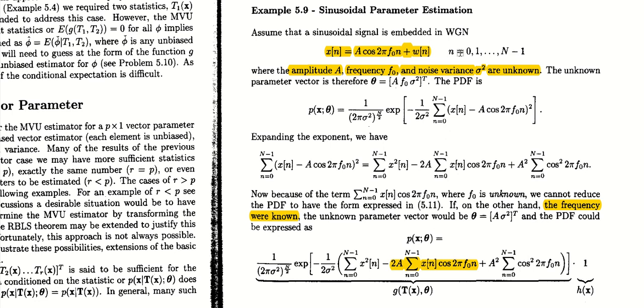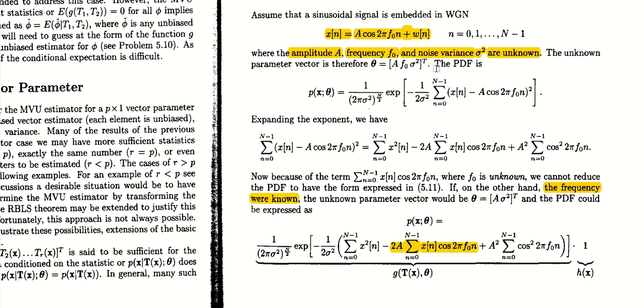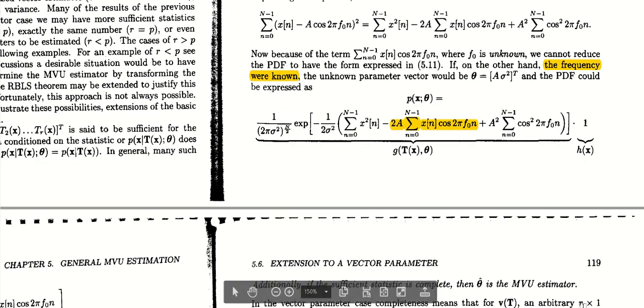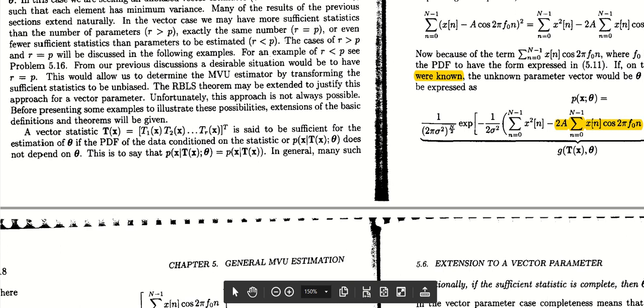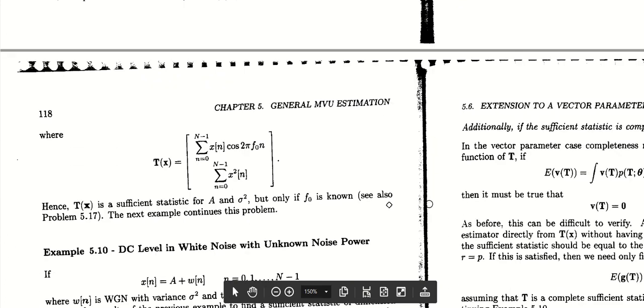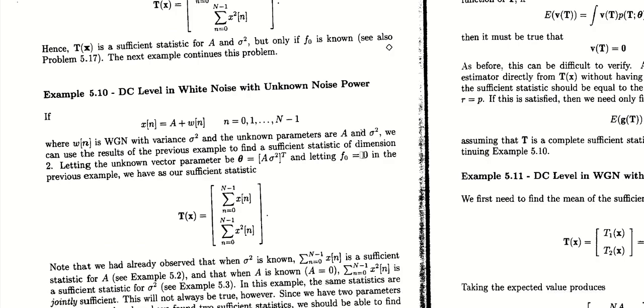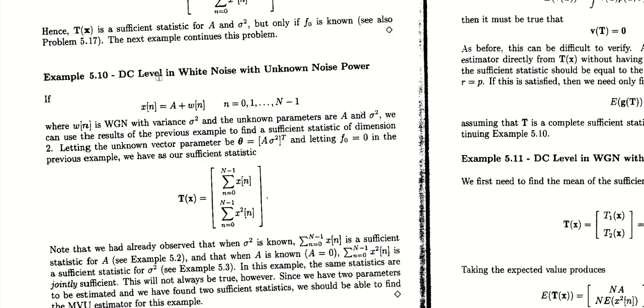We have a lot of problems more complicated than this. So as you can imagine, it's going to be very complicated if you try to find a sufficient statistic for a complicated signal model. Okay, so now let's go to the next example.